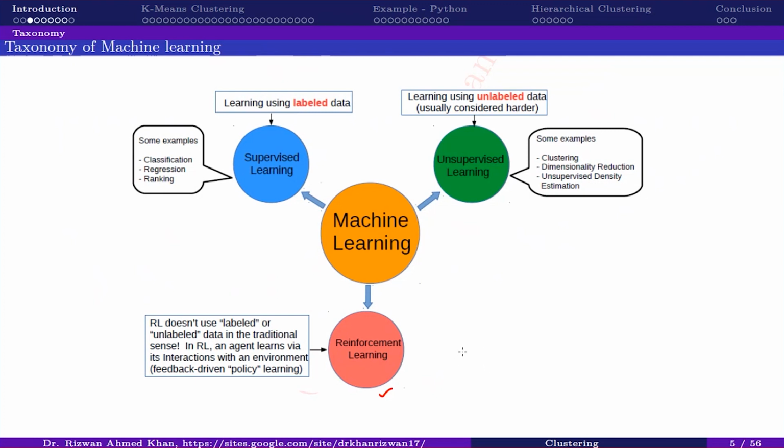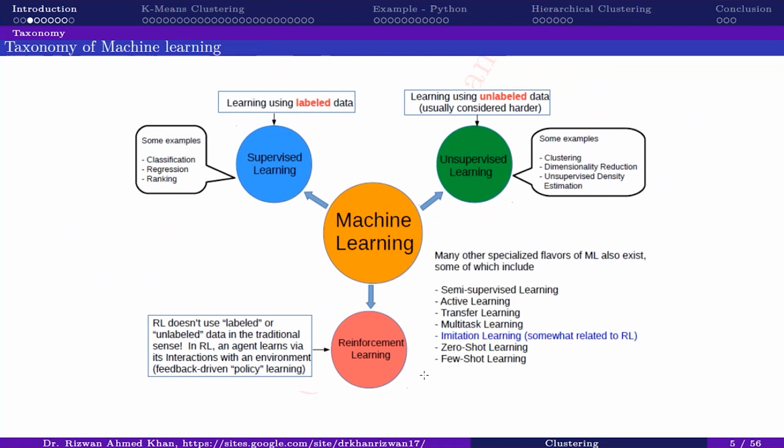That is how, in reinforcement learning, the robot or agent learns from the environment based on a reward and punishment mechanism. So these three are the basic types of machine learning: supervised machine learning, which we have covered up till now; unsupervised machine learning, which will begin today; and reinforcement learning, which is not part of this course.